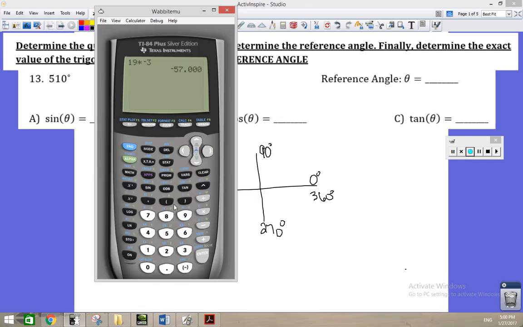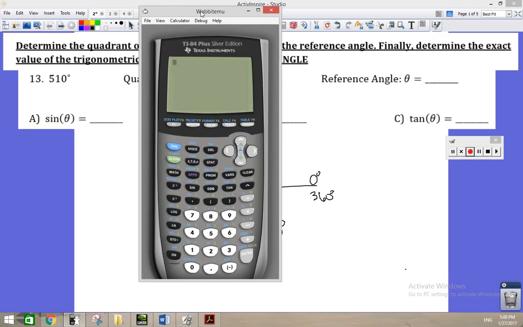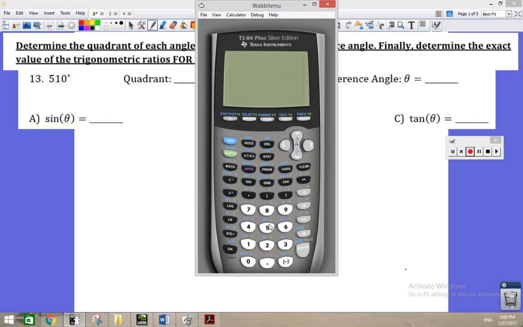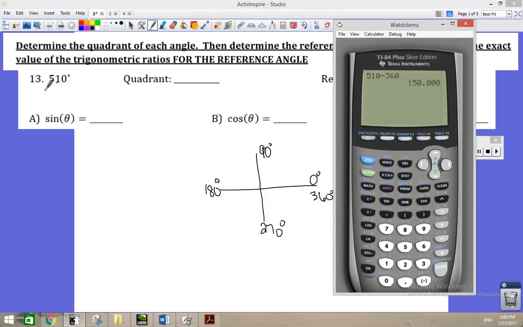With coterminal angles, I can add or subtract complete revolutions. I can add or subtract 360 degrees and get an angle that has the same initial side and same terminal side. So 510 degrees is coterminal to 150 degrees.